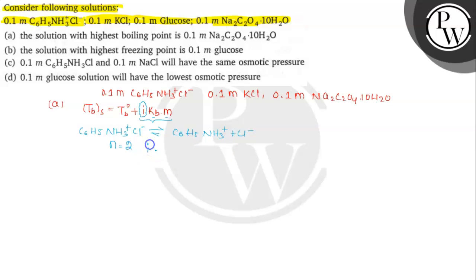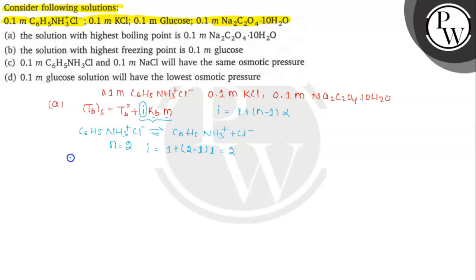If we find out the value of i, we know the formula of i is 1 plus (n minus 1) into alpha. Here n is 2, and as alpha is not given, we will take the value of alpha as 1. So it will become 2. So the Van't Hoff factor value for C6H5NH3+Cl- is 2.